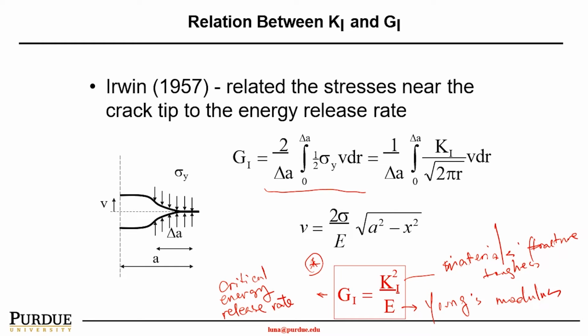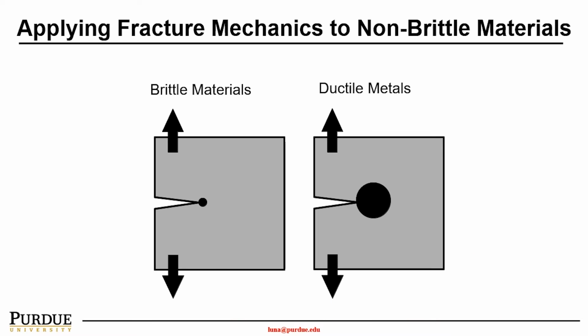So G_I is equal to K_I squared divided by E. This linear elastic fracture mechanics, or LEFM, theory yields very reliable results for brittle materials and ductile materials.